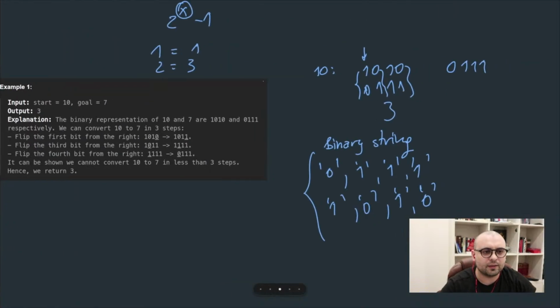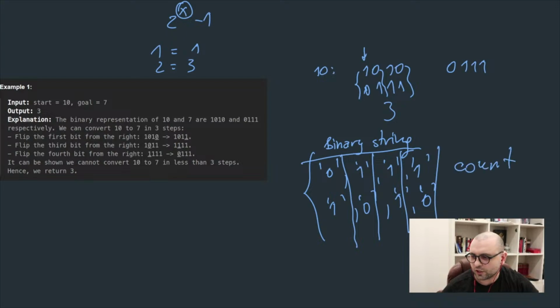Yeah. I think I wrote exactly this approach. So if you look at this example, I want to find the binary representation and then compare the expressions and how many are different and count them. So this is actually what I'm trying to code now.